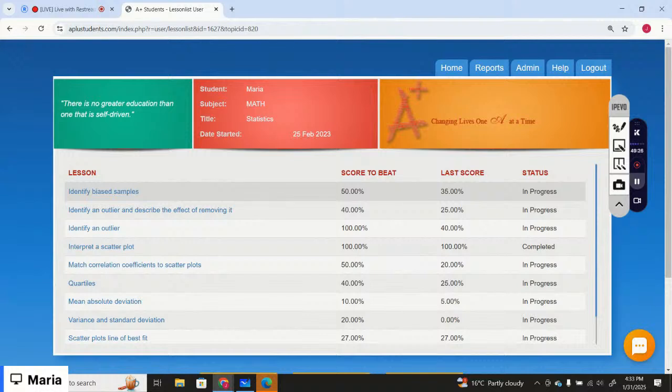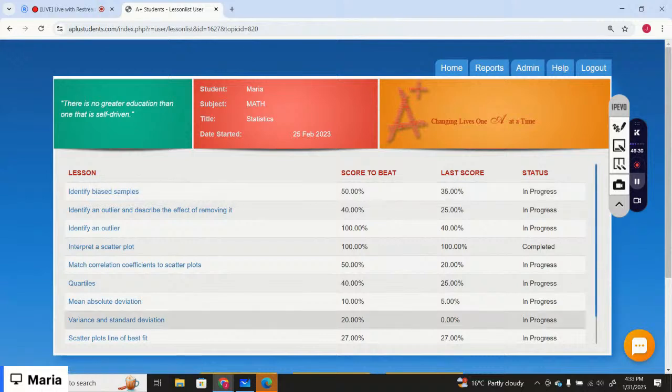The next lesson is variance and standard deviation. Let's just start with the next lesson.